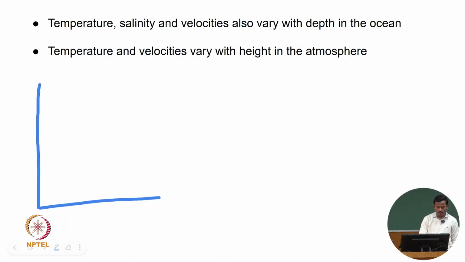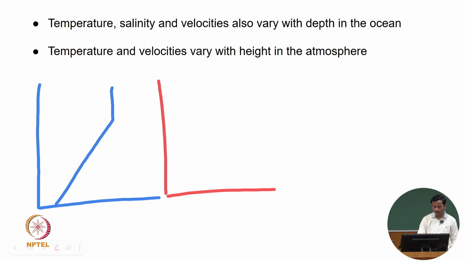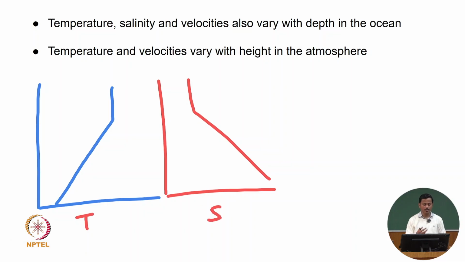Temperature, for example, decreases with the ocean depth. Salinity increases generally with ocean depth. So this is depth of the ocean, and this is temperature, this is salinity. These are just some average representative profiles of temperature and salinity variation.